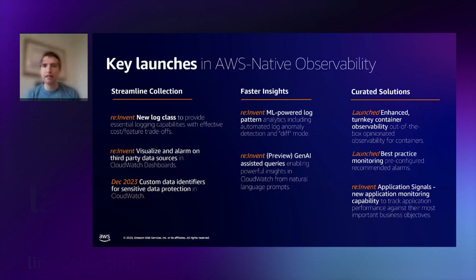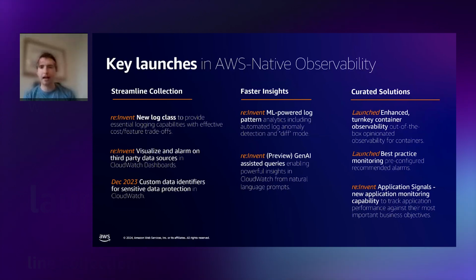We're improving our analytics with enhanced machine learning capabilities for log analytics, as well as incorporating generative AI into our querying capabilities to make it easier for customers to onboard with natural language querying capabilities.